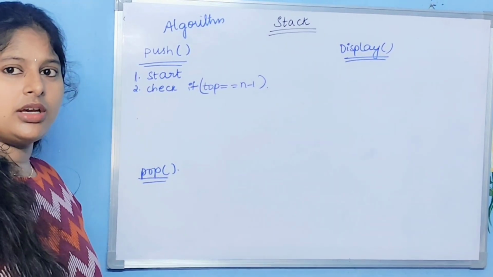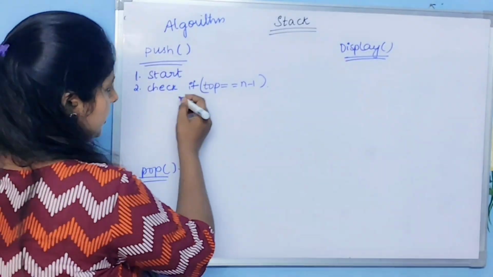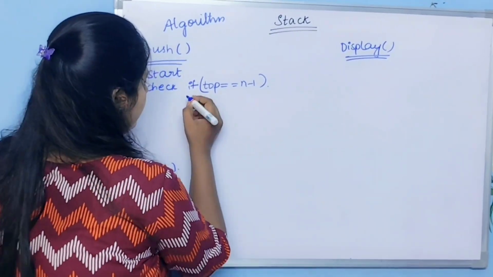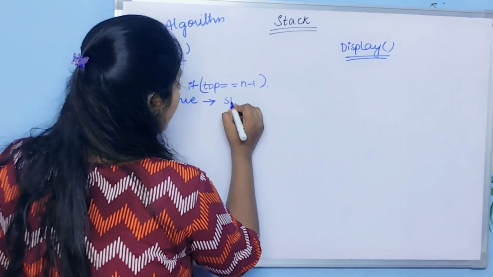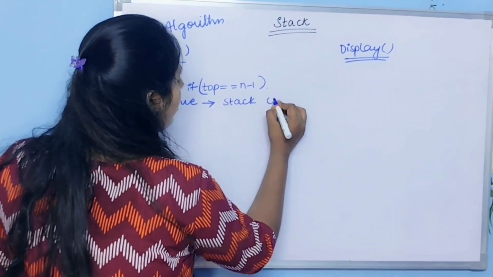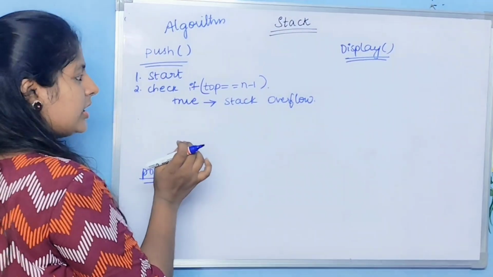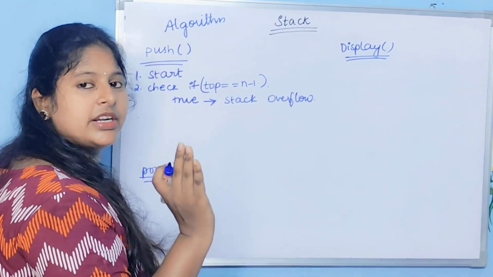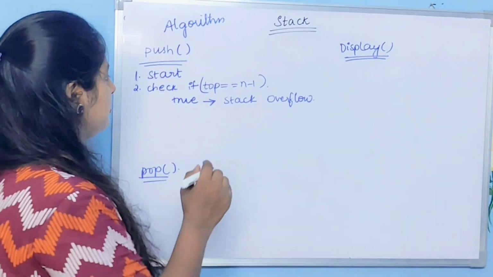First, I have to check in case it is full or empty. So if it is full, in case this condition is true, stack overflow. Right? In case the top equals n minus 1, you can't insert elements into the stack. So it gives a condition called stack overflow.